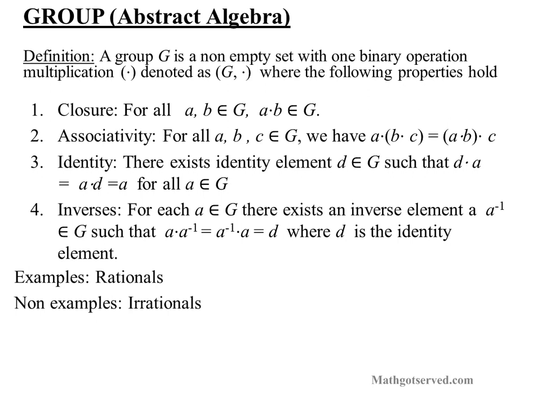If you think about the product of two identical irrational numbers, for example, the square root of 5 times the square root of 5, what do you end up with? You end up with 5, which is rational, okay? You're ending up with an element that's not in the set of irrationals. So which of these four conditions does that violate? It violates the closure condition, okay? The product of irrationals is not closed.